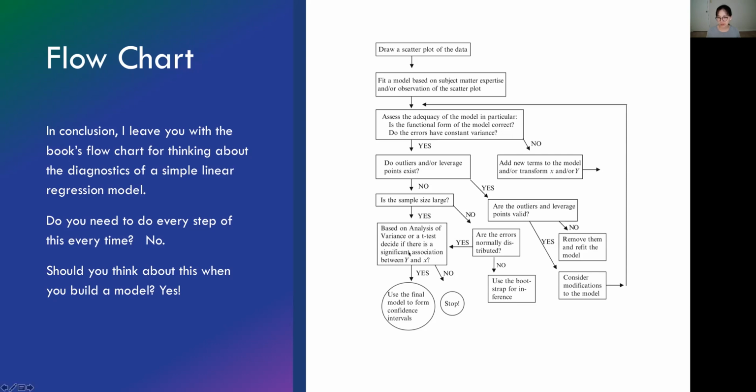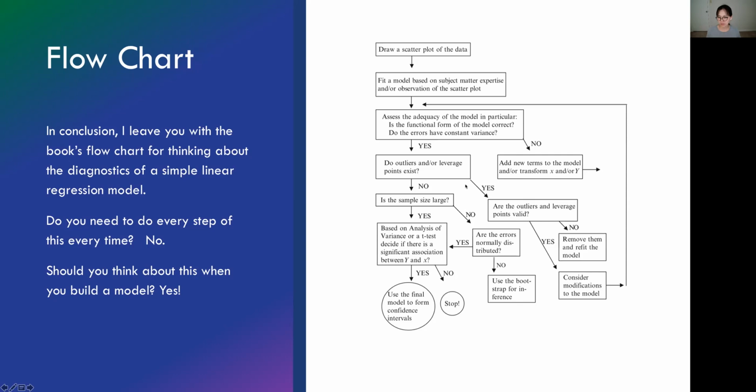So if it's large enough, you can do the test and see if there is a significant association between Y and X. When you do all the inferences, we have this LINE, all these four assumptions, right? So we have to get close enough to normal, and the sample size matters in that case.